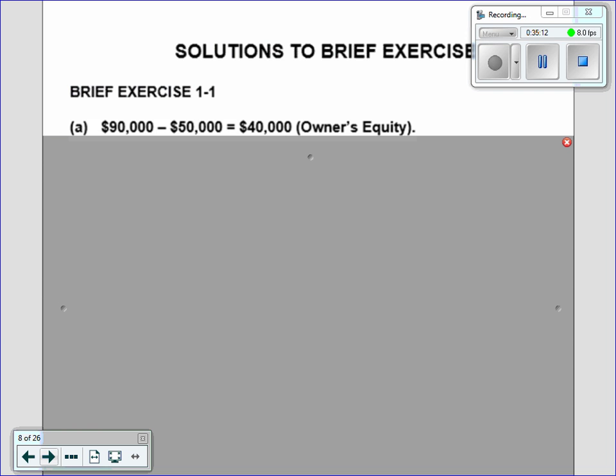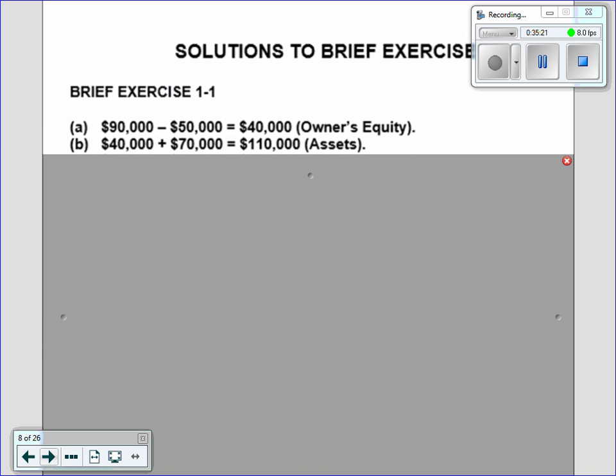How many assets do we own? 110. What are you two whispering about? Did I put something wrong in the notes?